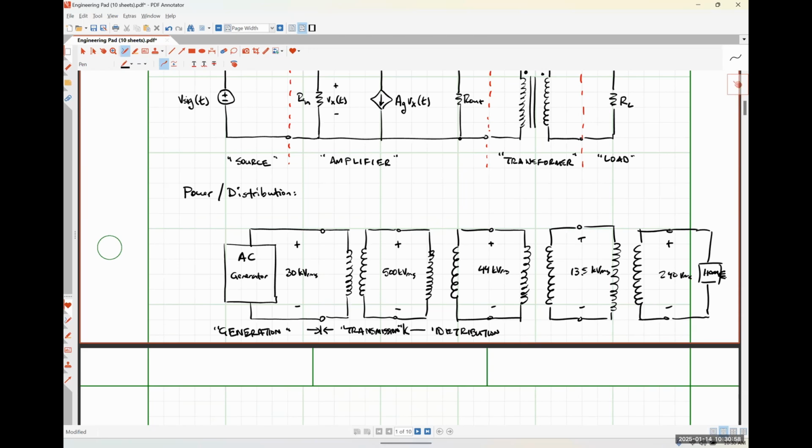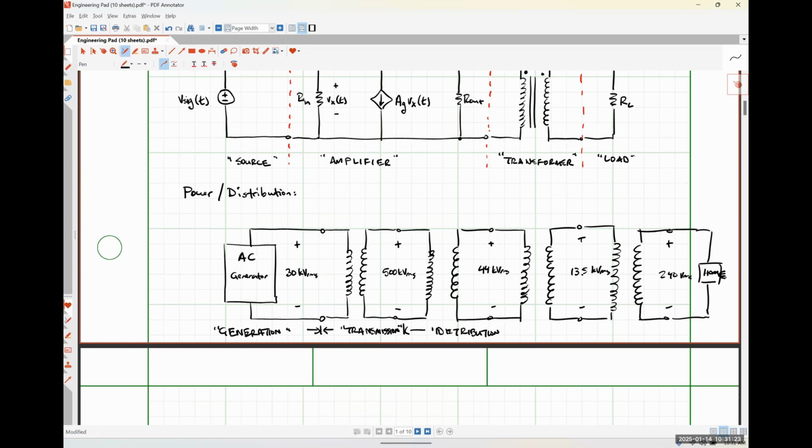The secondary winding of that transformer is typically a center tapped transformer, which gives us access to plus and minus 120 volts, which added together looks like 240. So we have two 120 volt access voltages in our homes that are 180 degrees out of phase with each other.